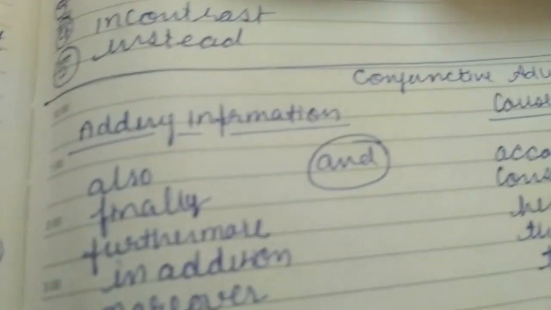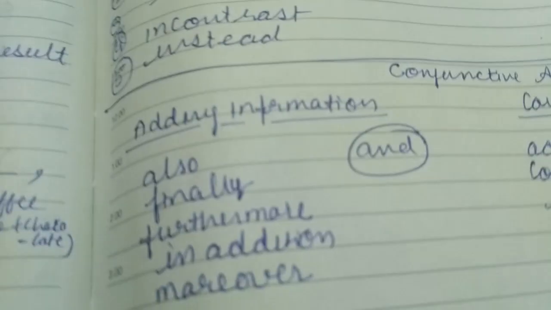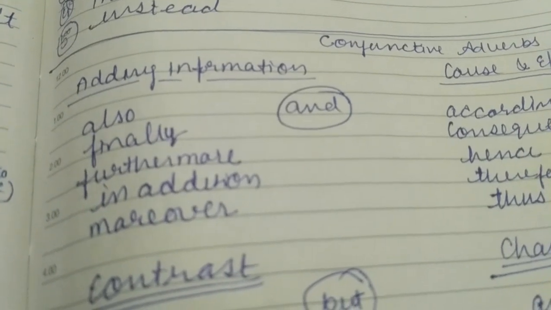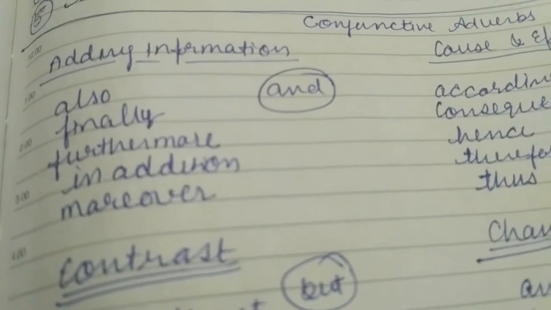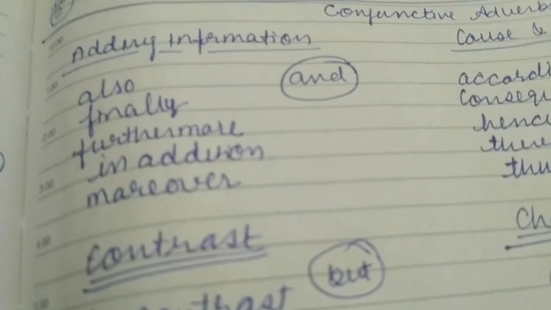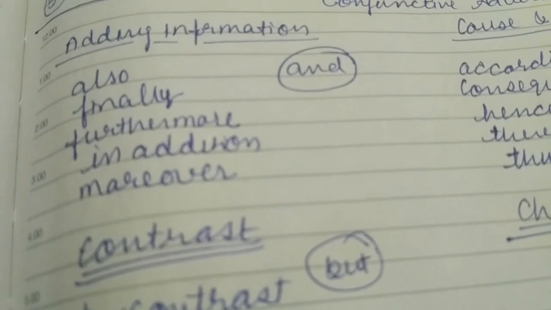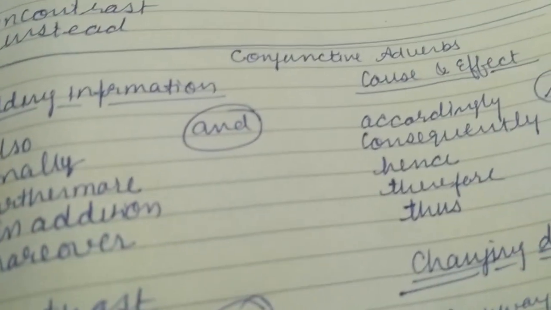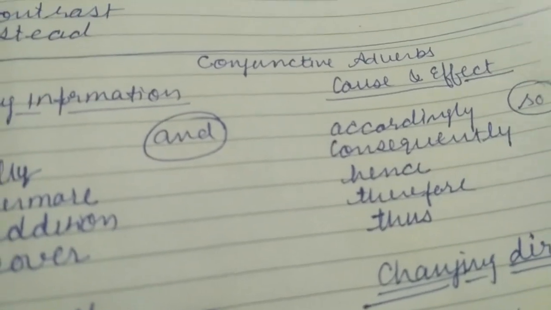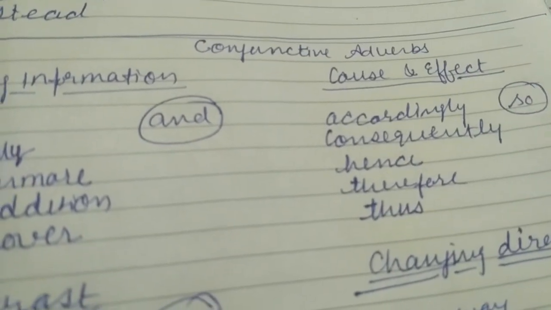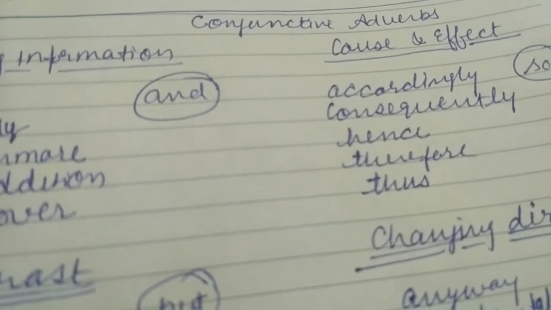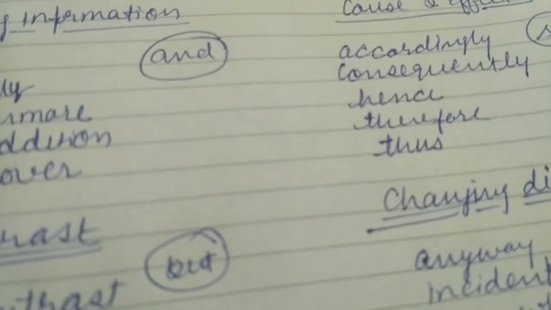Now, how many types of conjunctive adverbs are there? Adding information. If we are going to add some extra information in the second sentence, then we use also, finally, furthermore, in addition, moreover. And if we are giving any cause and effect in the second sentence, then we can use conjunctive adverbs such as accordingly, consequently, hence, therefore, thus.